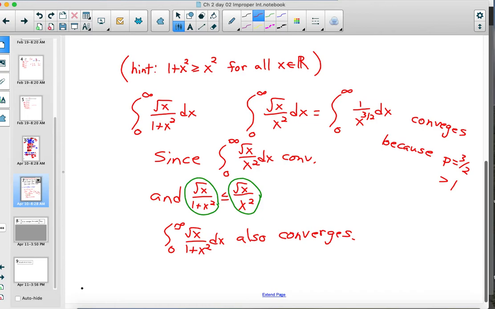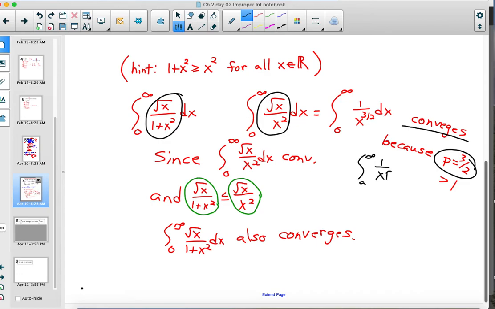Okay. So the basic idea, though, is that to figure this one out, we compare it with one that's similar to it. And the one that's similar to it, we know from that p-test converges because p is greater than 1. Remember, that was the integral from a to infinity of 1 over x to the p.